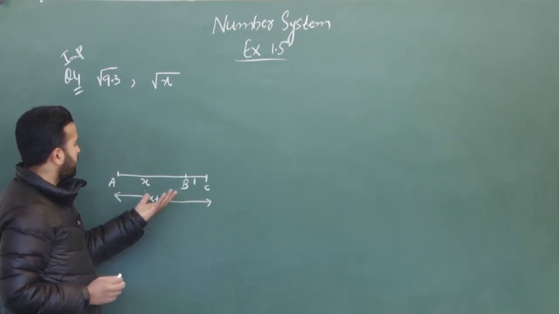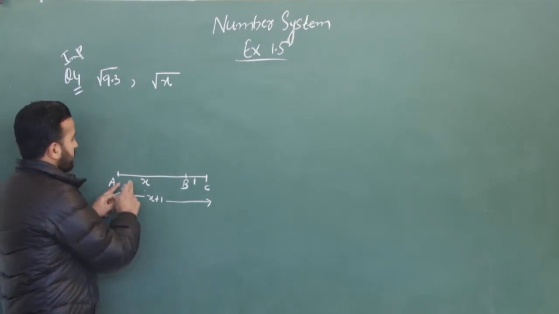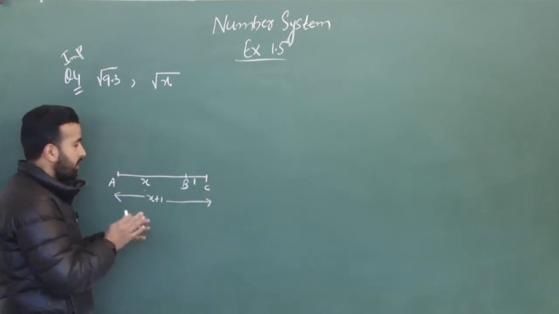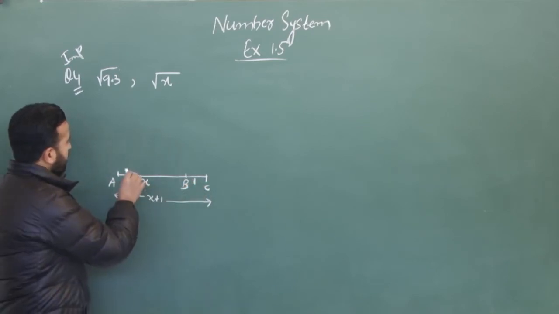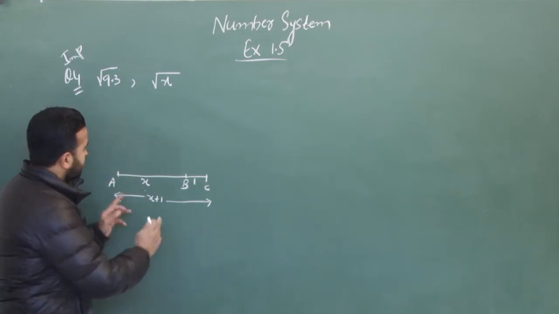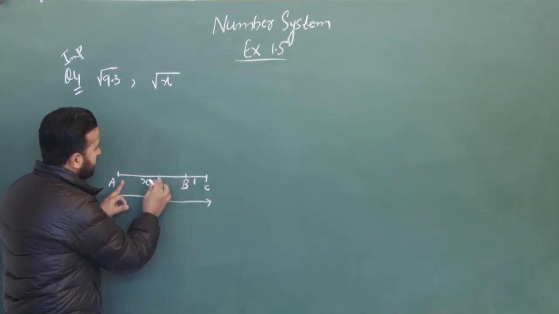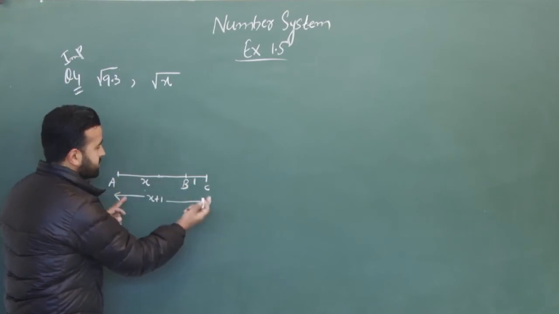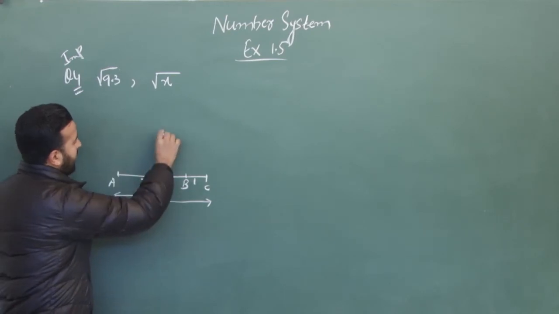We place the compass at the two extremes, here A and C. First of all, we take A as center, and take the radius more than half of the line segment, that is more than half of AC. We open the compass to that radius, take A as center and draw an arc.